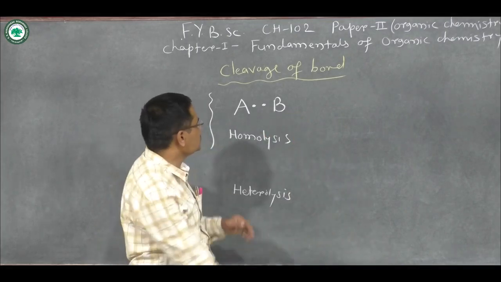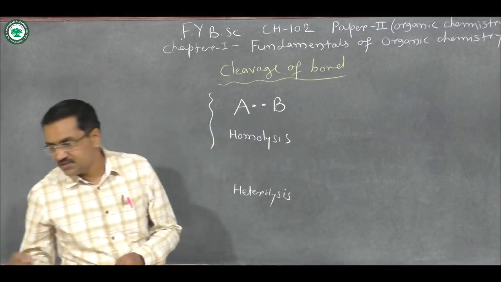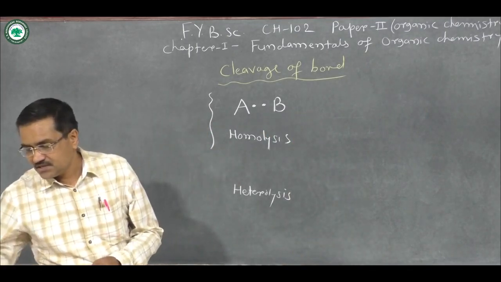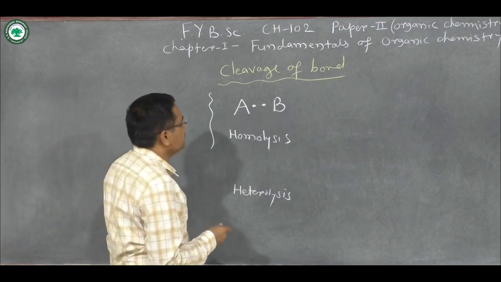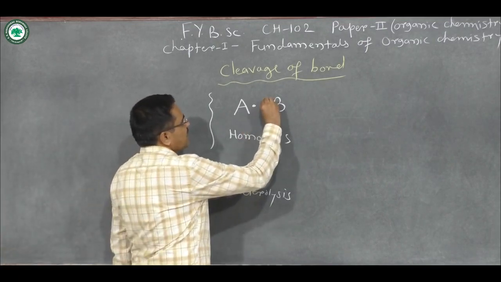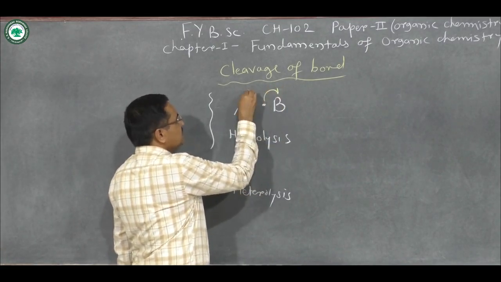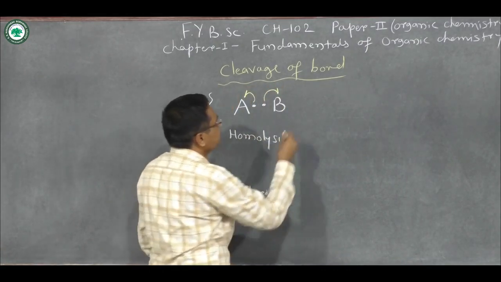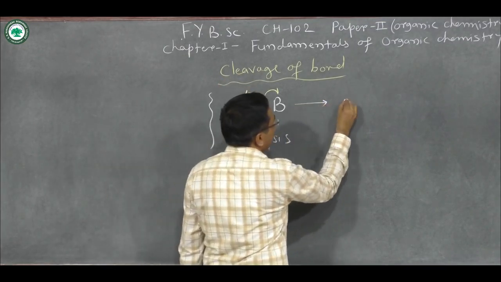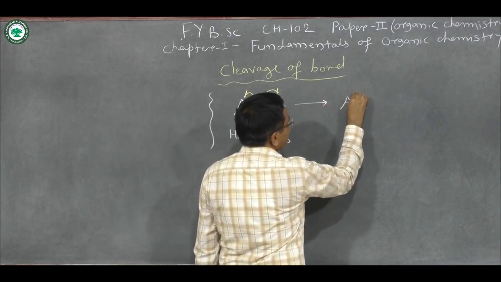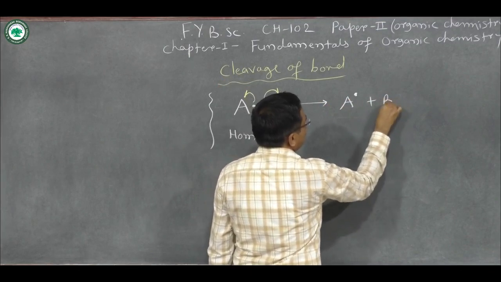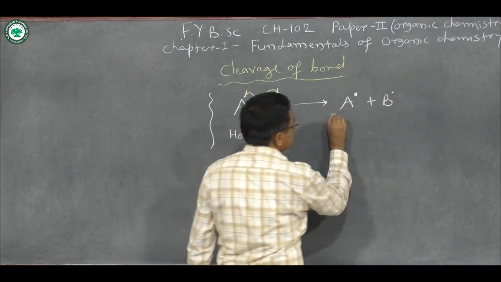And what happens in case of homolysis? These shared paired bond electrons are distributed equally and form free radicals.